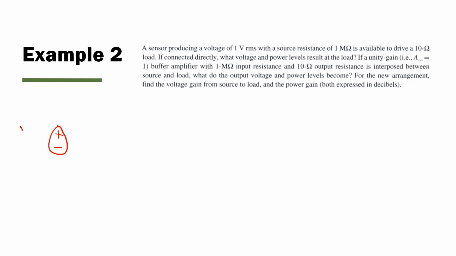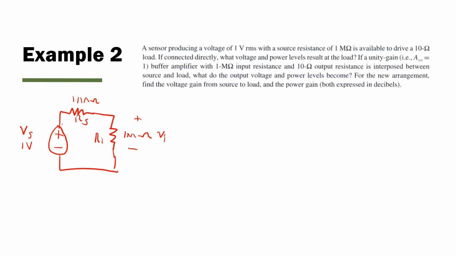Again, we have our voltage source of 1 volt, followed by our source resistance of 1 mega ohm. And this time we have a buffer amplifier interposed between source and load, which means next up will be our input resistance, which is stated to be 1 mega ohm. That also means we're going to be reading an input voltage.